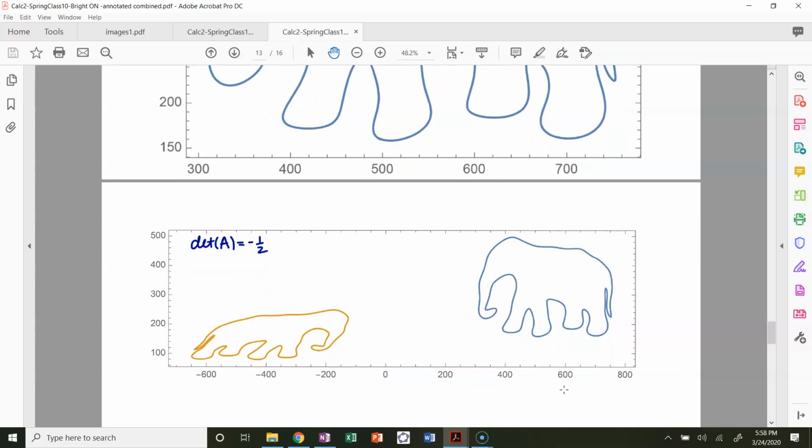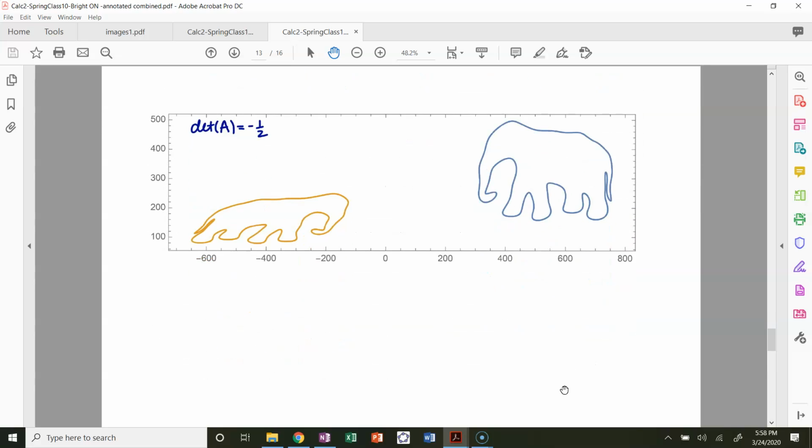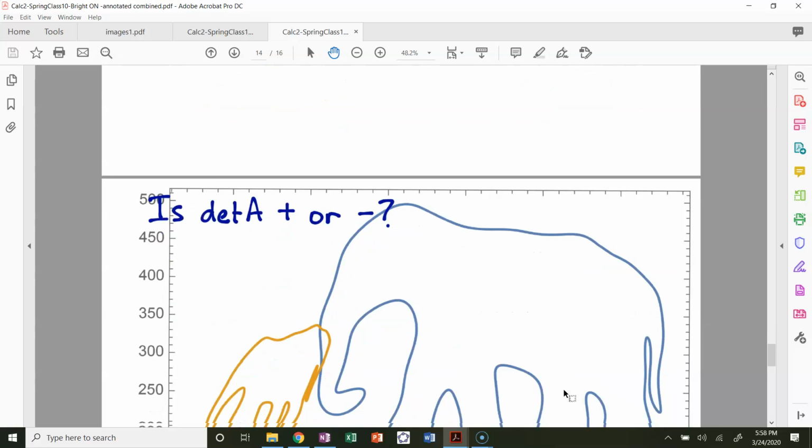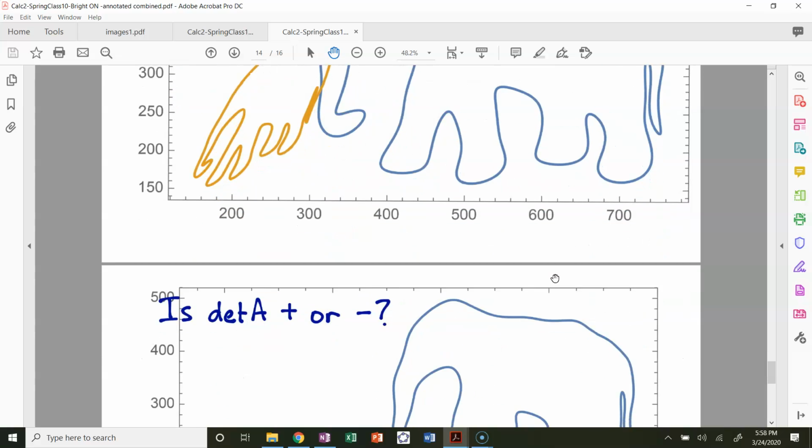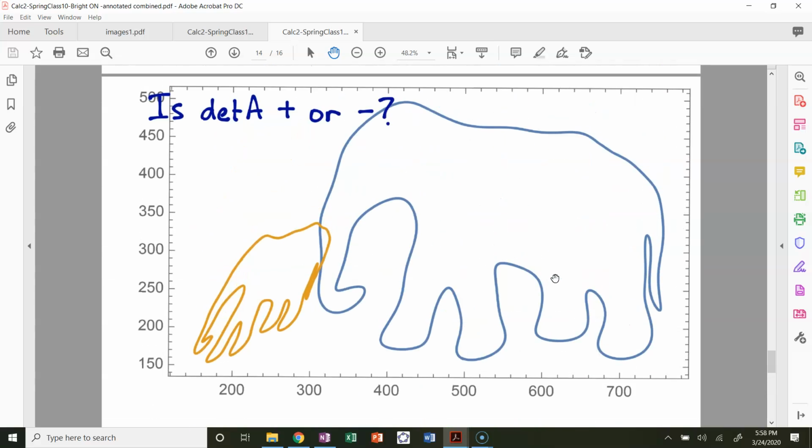So determinants really are about this idea of switching or reversing. In this image, the elephant is the original image. Is the determinant positive or negative? And is it bigger than 1 or smaller than 1? This one, the determinant should be positive because it's the same orientation.